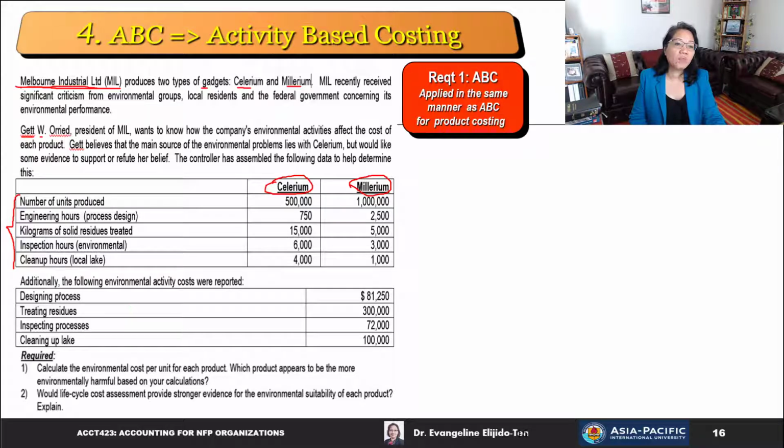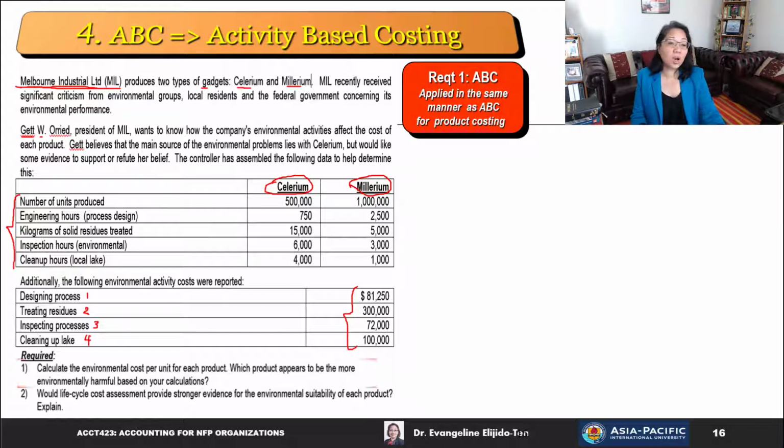We also are provided with the environmental activity costs for each of these 4 activities: designing, treating residues, inspecting processes, and cleaning up the lake. So there are 4 activities, and these are the costs provided.